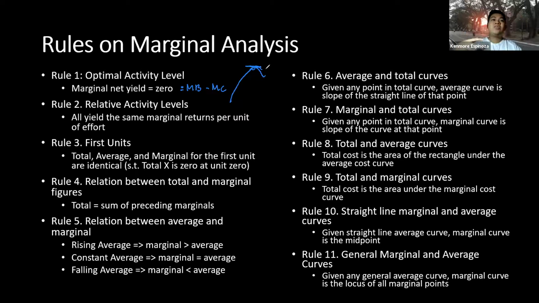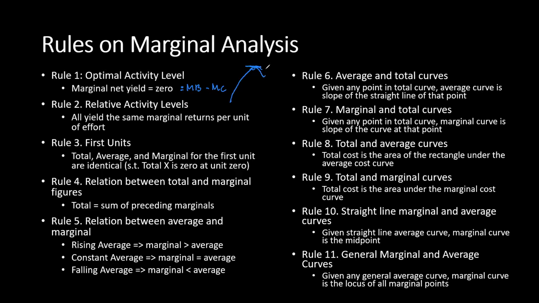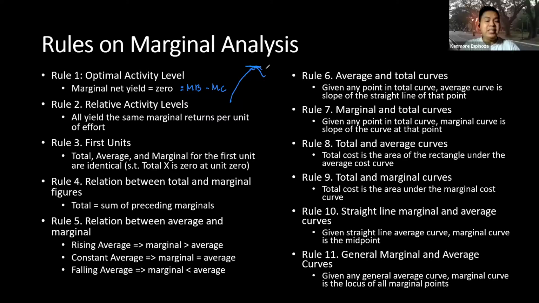So rule number 2 says that you produce or consume up to the point wherein they all yield the same marginal returns per unit of effort. Meaning, your marginal net yield of product 1 should equal the marginal net yield of product 2.